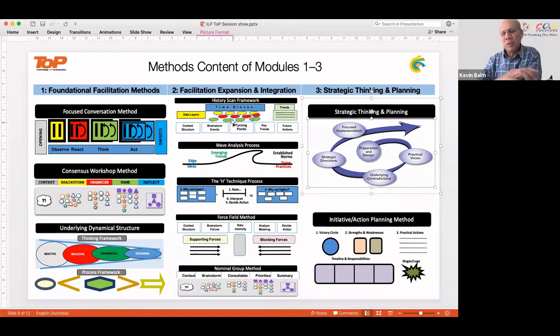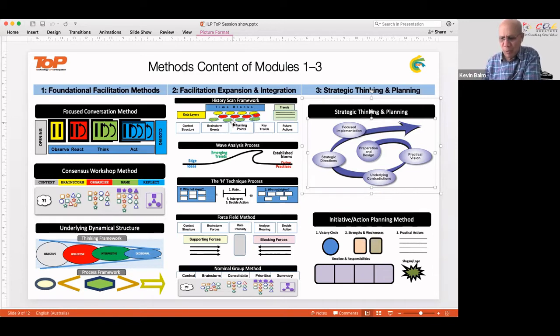So we started with ToP's worldview on facilitation, moved from there to how ToP is structured as a program, and some of the methodologies that make up this collection of technology of participation facilitation methods.